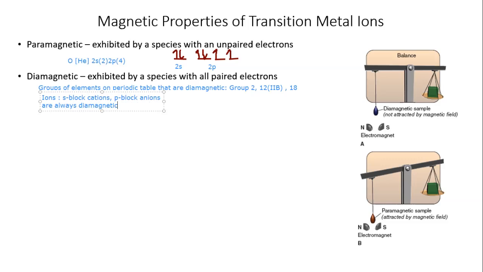The other ones you have to double check. But if it's an S block cation or a P block anion, they're always diamagnetic. Most P block cations are diamagnetic. Transition metals, though, it depends.